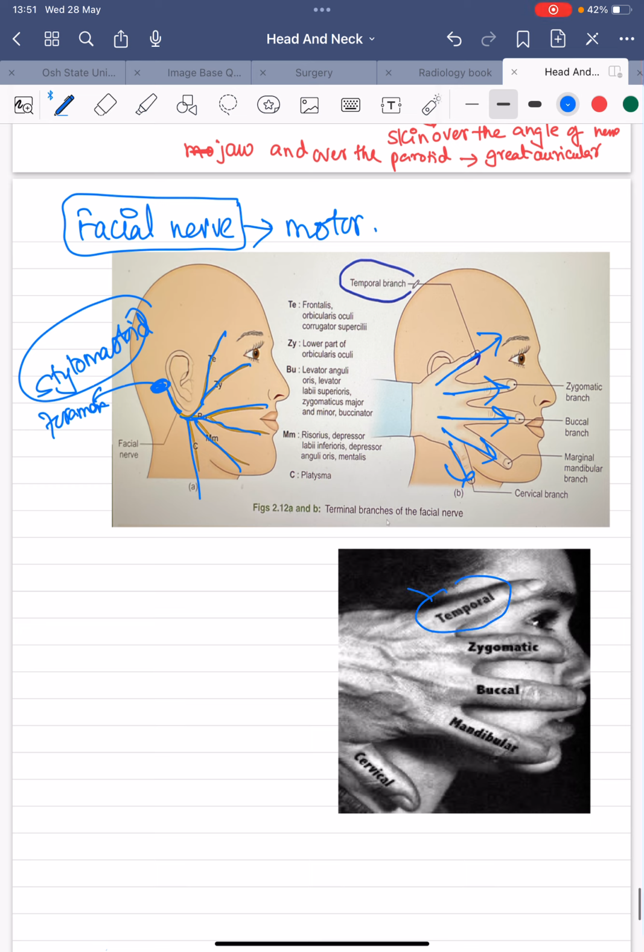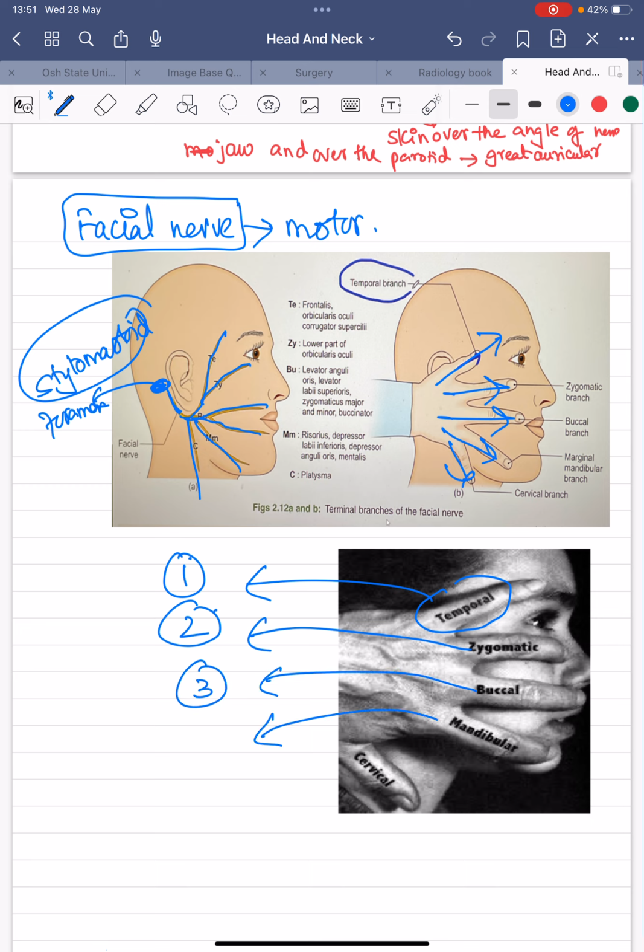Temporal branch 1, zygomatic branch 2, buccal branch 3, mandibular branch 4, and cervical branch 5.